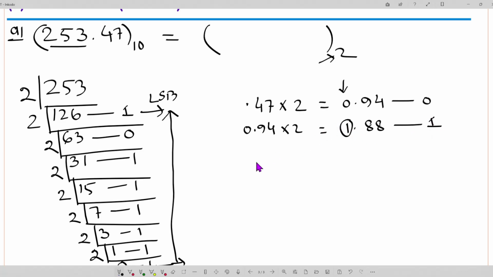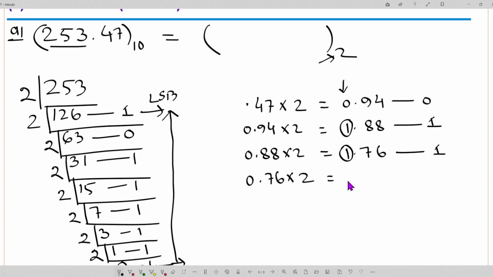Now, 0.88 times 2 equals 1.76. So, here is also 1. Now, 0.76 times 2 will be 1.52, right. So, here is also 1. So, it will continue, right, 0.52 times 2.